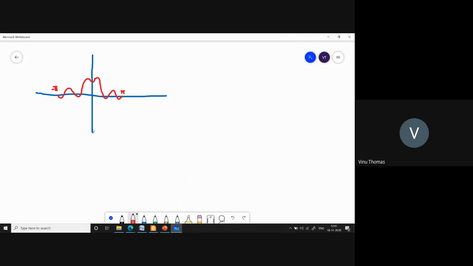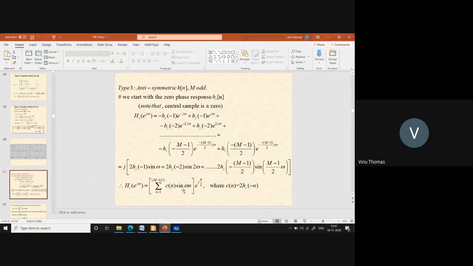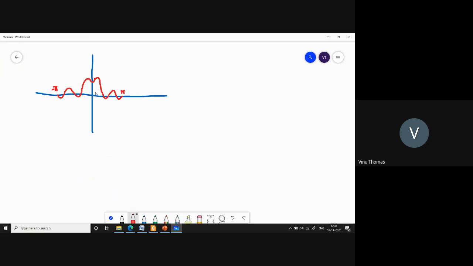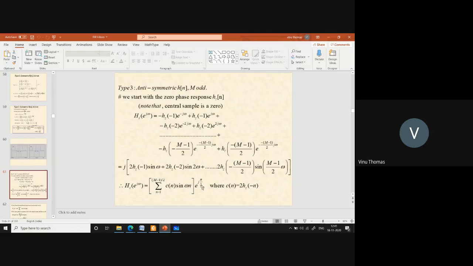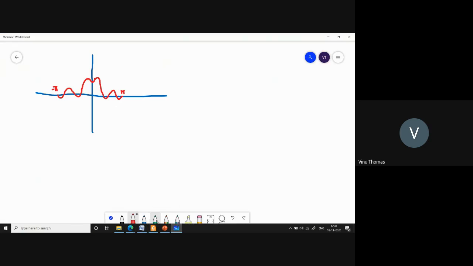So this is the plot of sigma n equal to 1 to (M minus 1) by 2 of c of n sine omega n, which is purely real. This will also have the phase e raised to j pi by 2 radian. So the phase angle will be identically pi by 2 radian throughout. I will use a different color to represent that, maybe a green color.